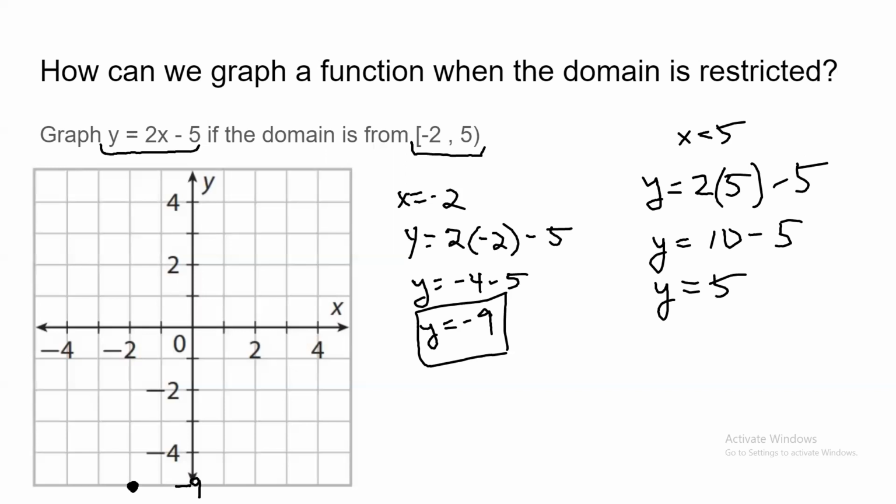So if it's excluded, what do I need to put up here? Open circle. Okay, it needs to be an open circle. So now I can put this line like that. Cool? Now I restricted my domain.